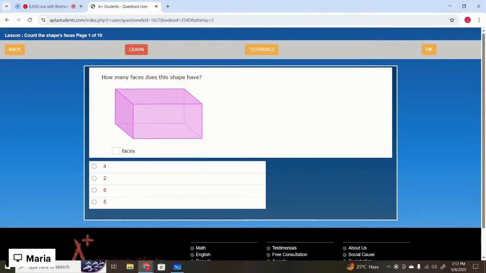The shape has exactly six faces, right? Option number three is the correct option.